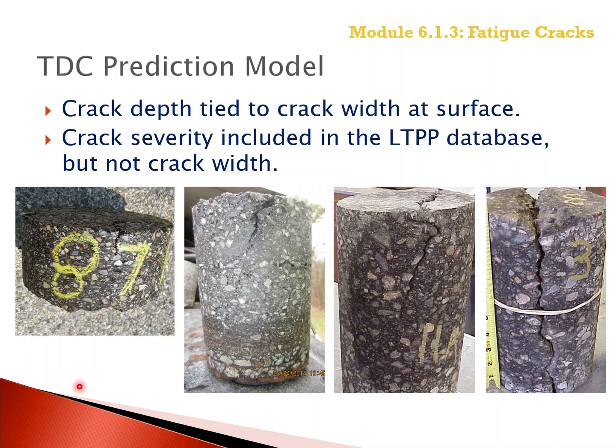As mentioned previously, the crack depth established over time is related to crack width or crack severity as documented or recorded in the long-term pavement performance database. The reason for that assumption is that crack severity is included in the LTPP database, while crack width, specifically crack depth, are not. So crack width is tied to crack severity in the LTPP database and was used to estimate the depth of the top-down cracking.